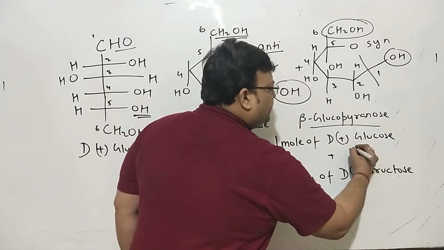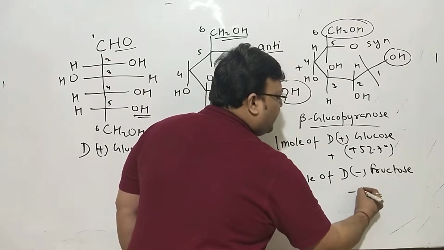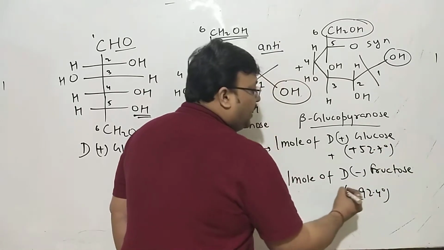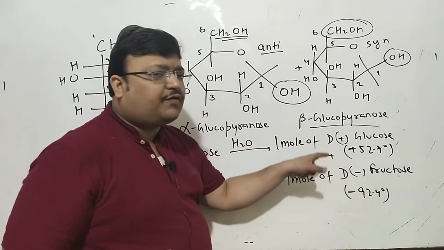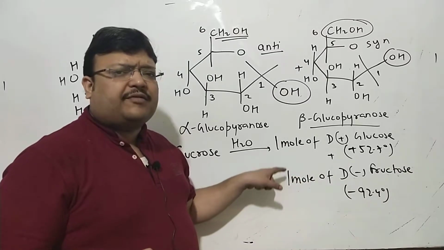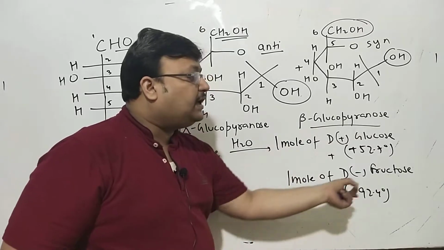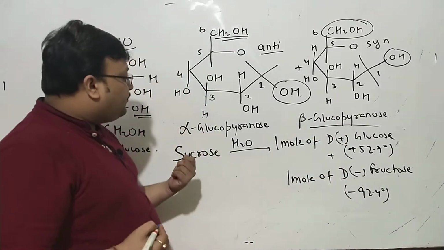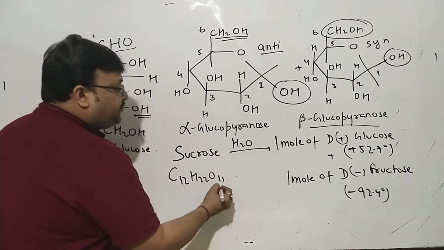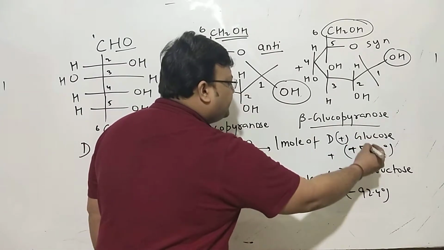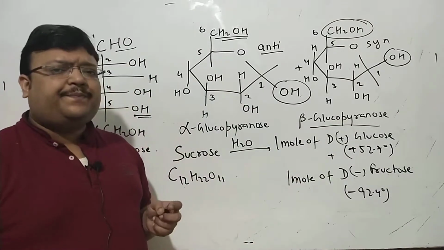Now glucose is plus 52.7 degree, fructose is levo minus 92.4 degree, and because the levorotatory nature of fructose is more than the dextrorotatory nature of glucose, in an equimolar mixture of the two the net optical behavior will be levo. I repeat, 1 mole of sucrose, disaccharide C12H22O11, will give 1 mole of C6H12O6, another mole of C6H12O6, both monosaccharides with the same formula.